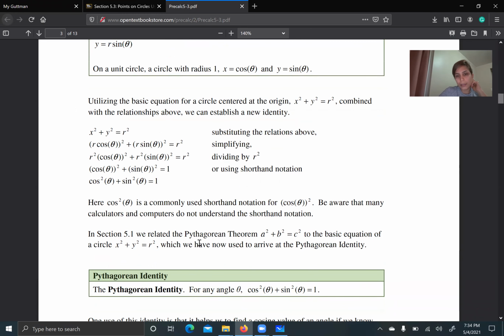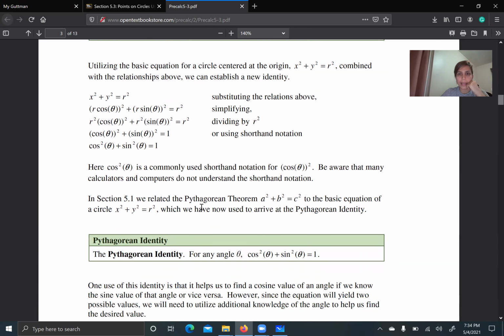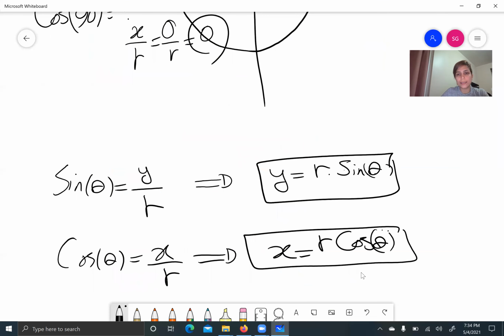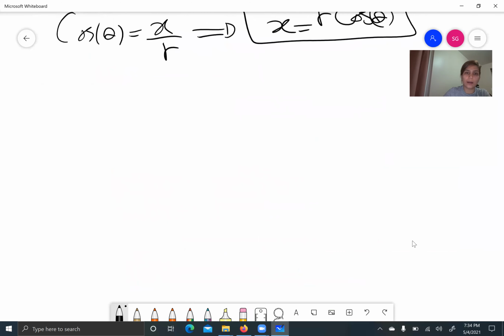And another observation here is that when you have a right triangle, there is an important identity, but I'm going to show you where this comes from.